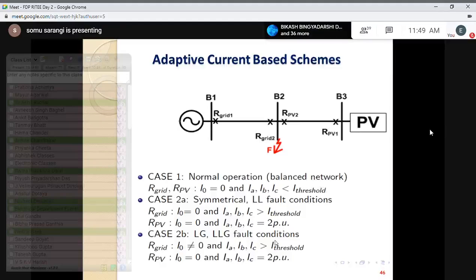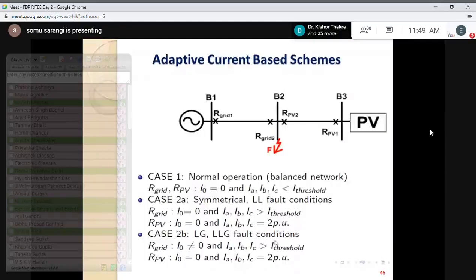Case 2: it is a symmetrical fault, meaning I0 is equal to 0, but IA, IB, IC are greater than or equal to the threshold. Then there is the fault current contributed from the grid. If it is at the maximum value, that is IA, IB equal to 2 per unit, then we can have the fault current contribution from the PV side.